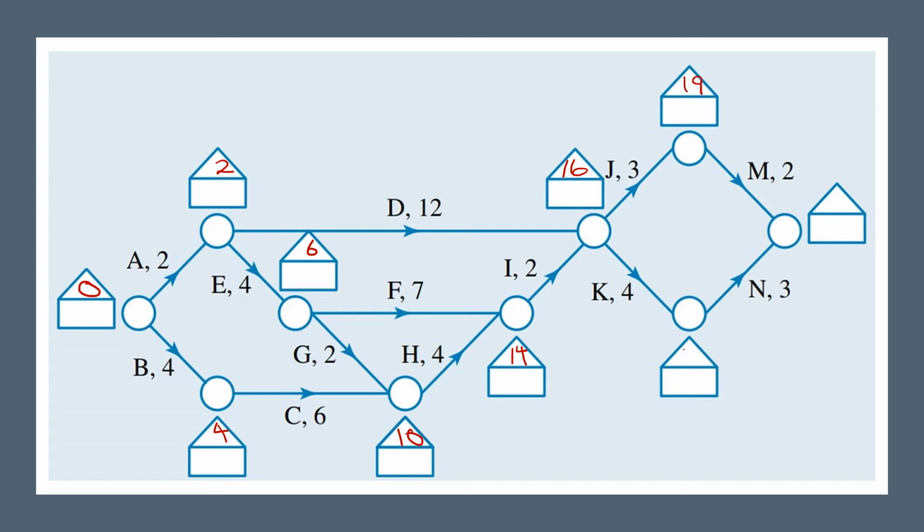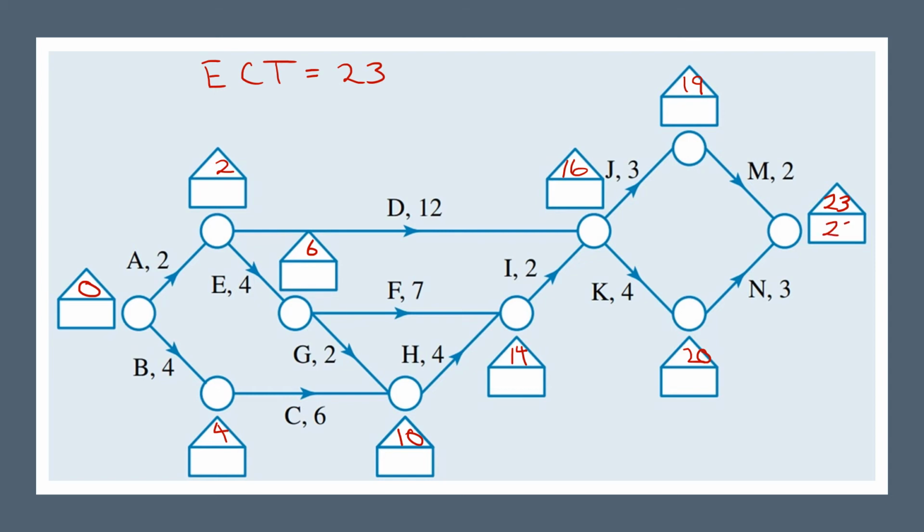After K we have 20. And finally we have M being 21 and N being 23. Therefore 23 is our new earliest completion time of the whole project. It was 25, but crashing activities A and D has decreased the overall completion time by 2.